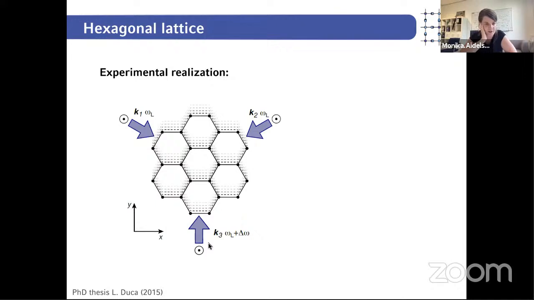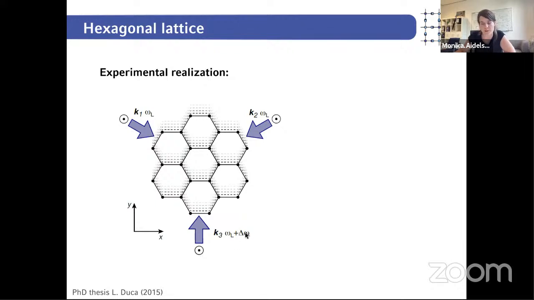And something else that turns out to be a very useful tool for studying the band structure and the geometric properties of the band structure is that we can apply a force, as I mentioned yesterday, but I didn't really tell you how we apply the force. So you can either do that by tilting the lattice, but you can also do that by accelerating the lattice. In particular, if you choose the 3 frequencies of the 3 laser beams to be equal, you get a static interference pattern.